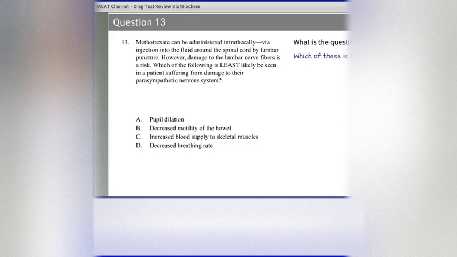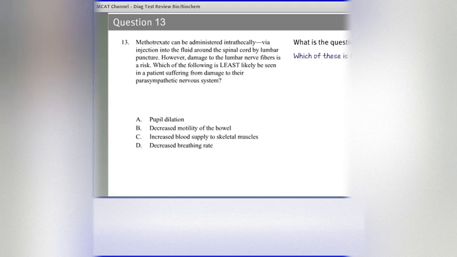Well, even if they had not given us that hint, they're asking us which is least likely to be seen. In that scenario, and in any scenario, when they say most likely, least likely, which of the following is not, except, all those variations, what they're really asking you is, can you recognize that one is different and three are the same? Write this down in your notebook if you haven't already done so.